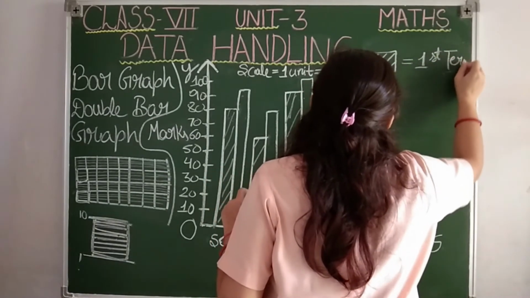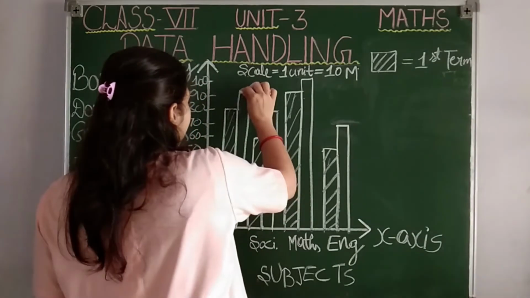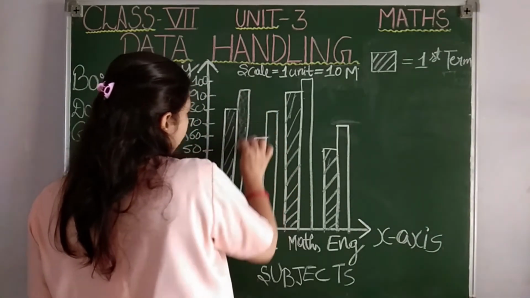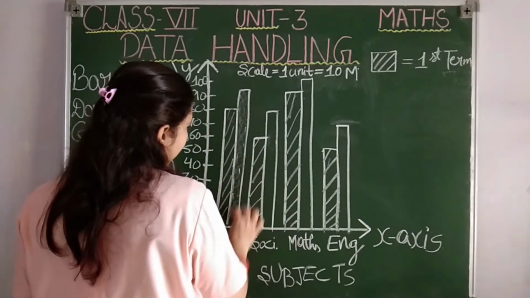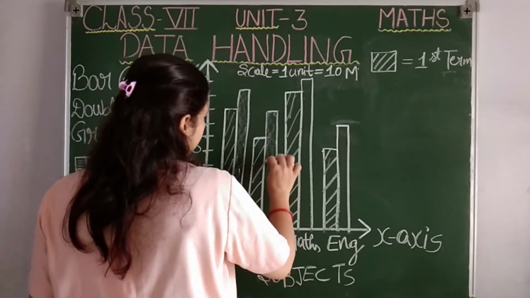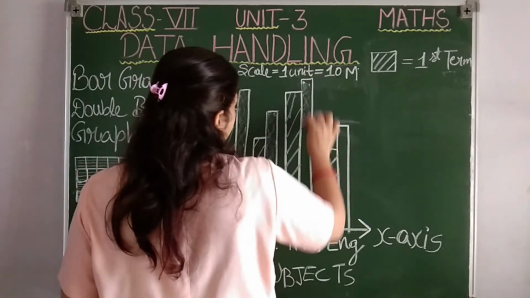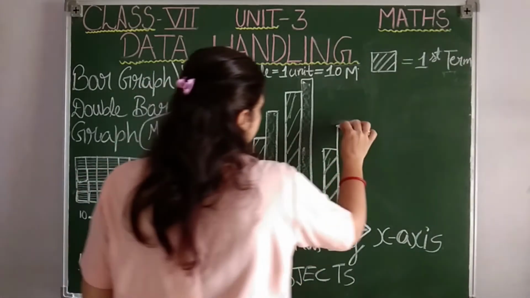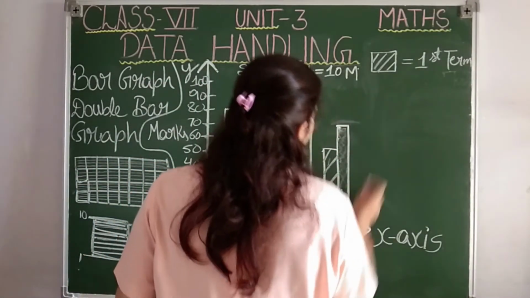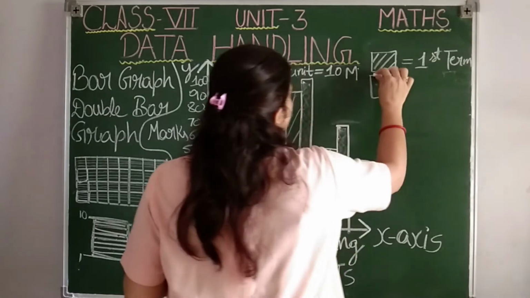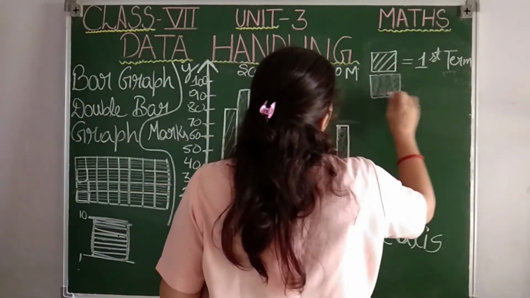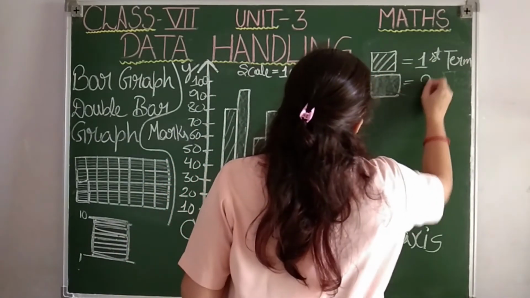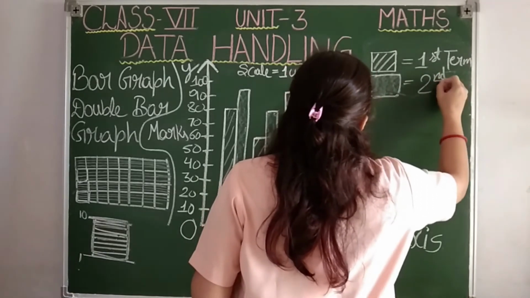These bars are showing first term marks. And for the second term, I am simply shading the bar. Then I can show here that the bar which is shaded is for the second term.